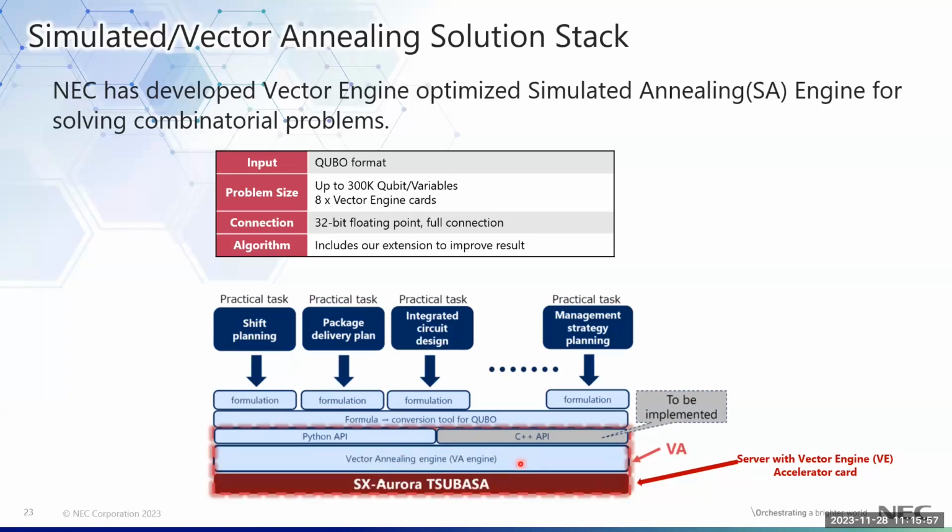That might also explain how one vector engine card is able to solve 100,000 qubits, but when you extend it to 8 cards, you go up to 300,000 qubits, because there is an overhead of parallelization under the hood using MPI. So your problem formulation should not care if you're using multiple vector engine cards or a single card. I hope that answers your question.